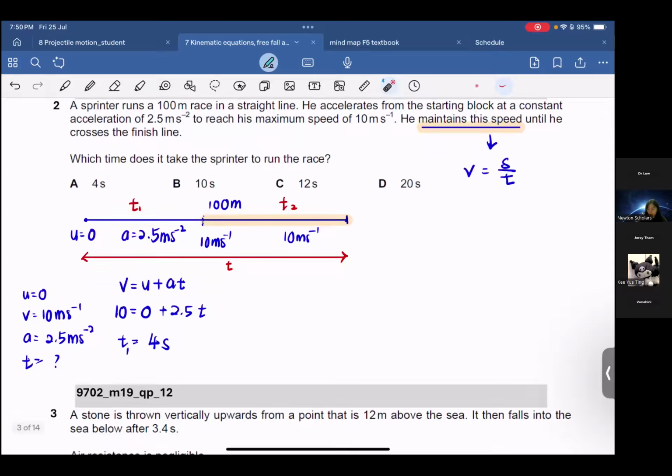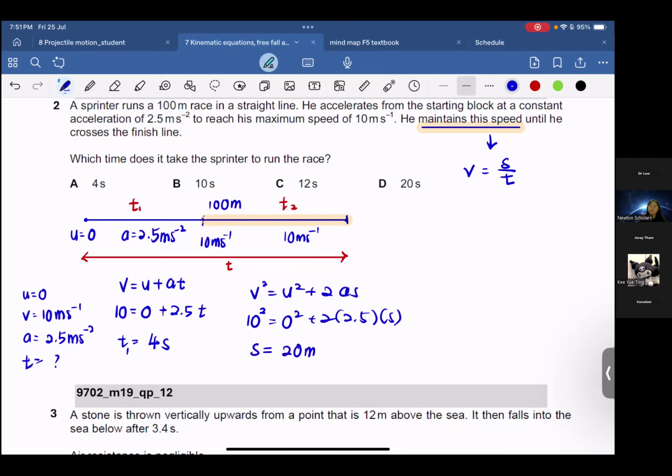Okay, so we have to use the first section to find how long. So we use the formula V square equals U square plus 2AS. So here, V is 10 square, 0 square plus 2.5S. So from here, I know that in my first section, I travel 20 meter.